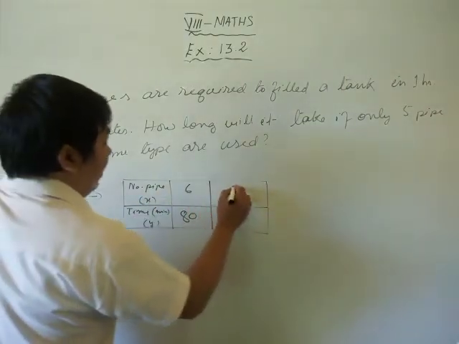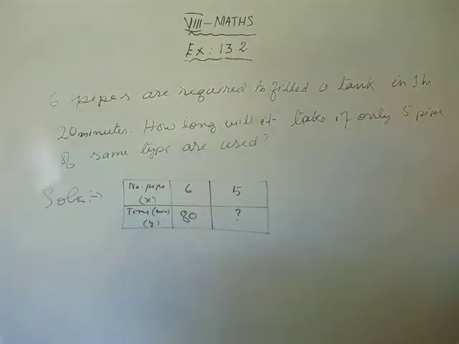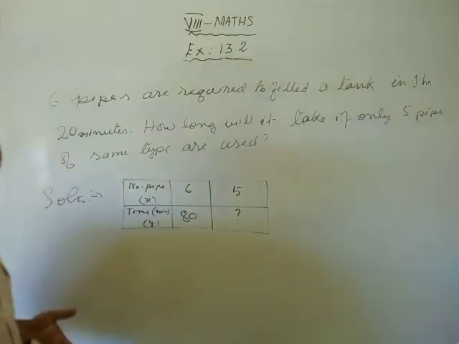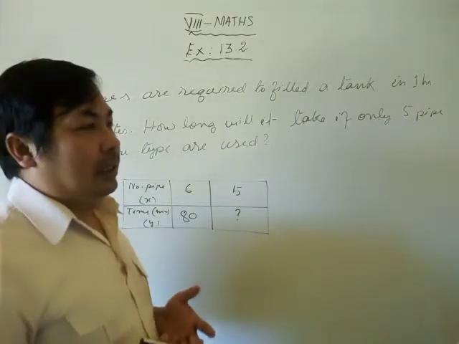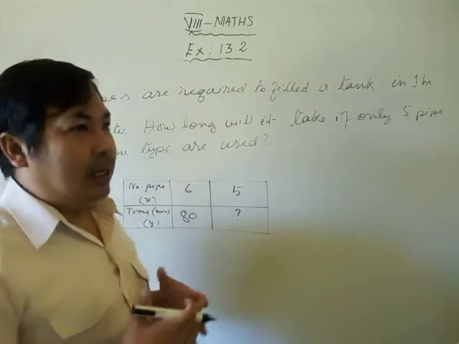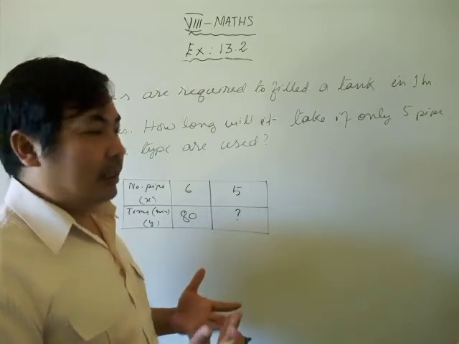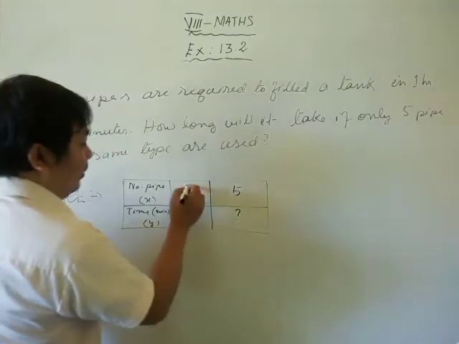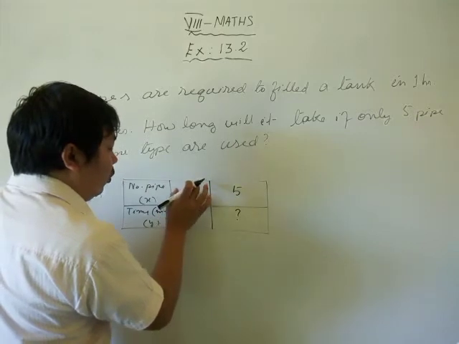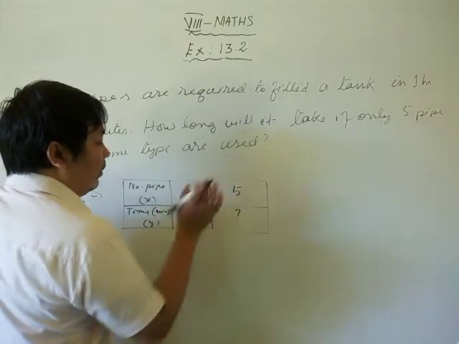Then next, if it is 5, we are going to find out how much time will be taken, isn't it? Absolutely, the capacity of 6 pipes will be more than the capacity of the work done by 5 pipes, isn't it?